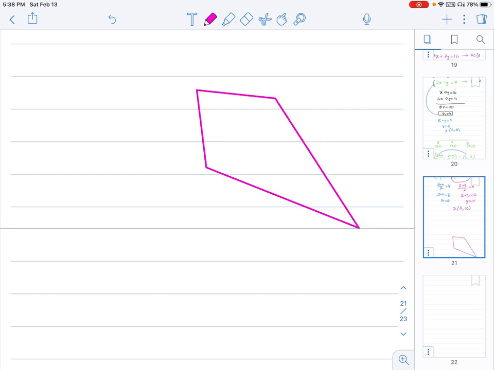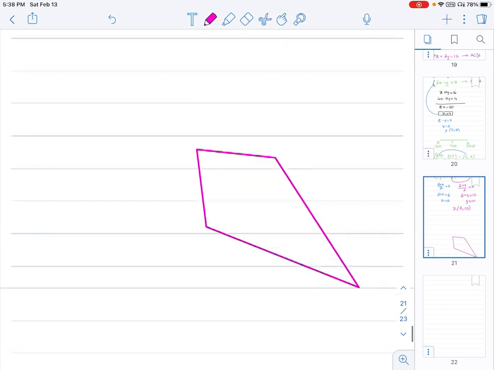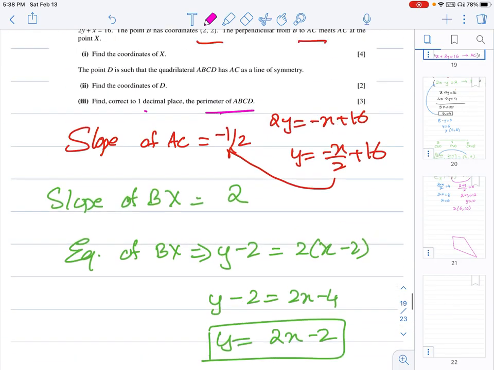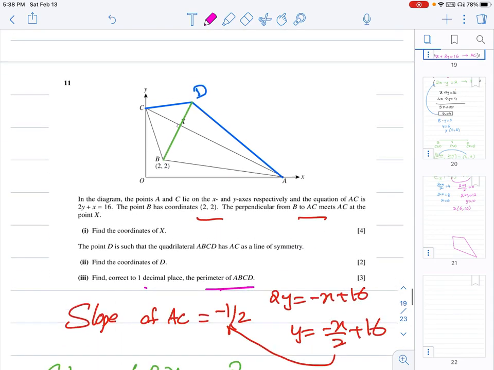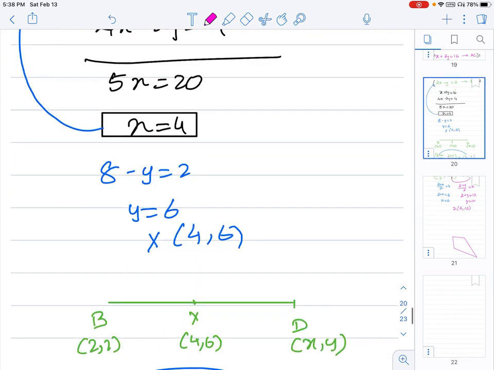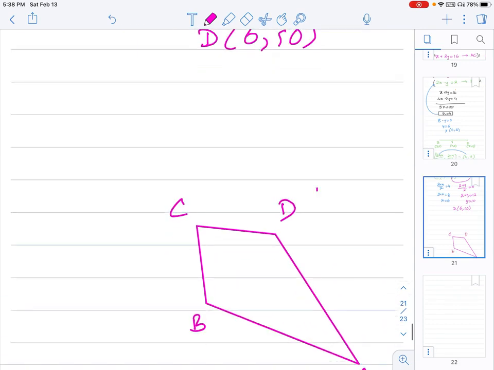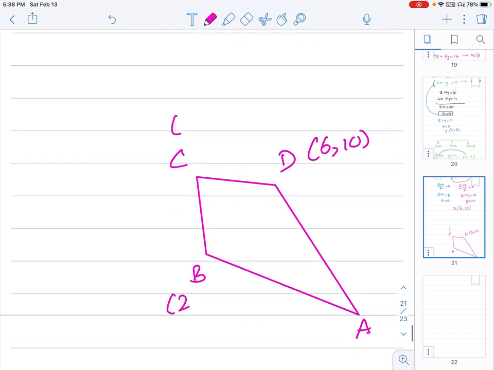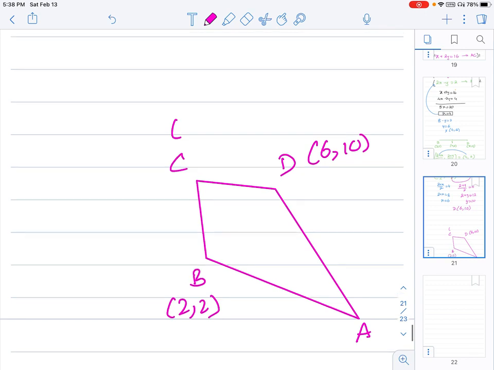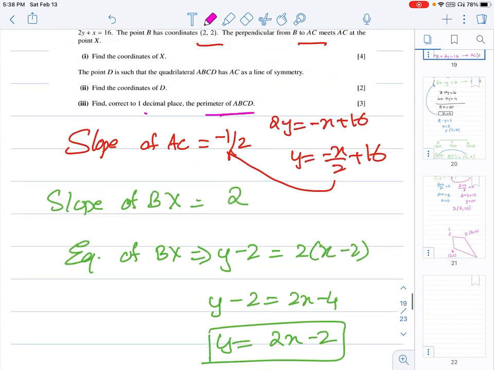So what is A? For ABCD, D we got (6, 10). C we haven't got. B we got (2, 2). So I need to get A and C. So how should I get A and C?